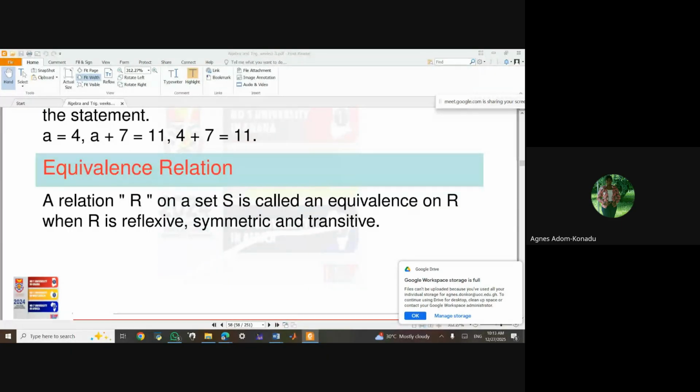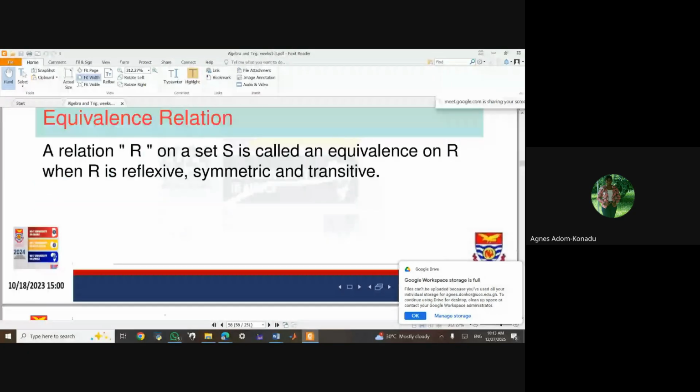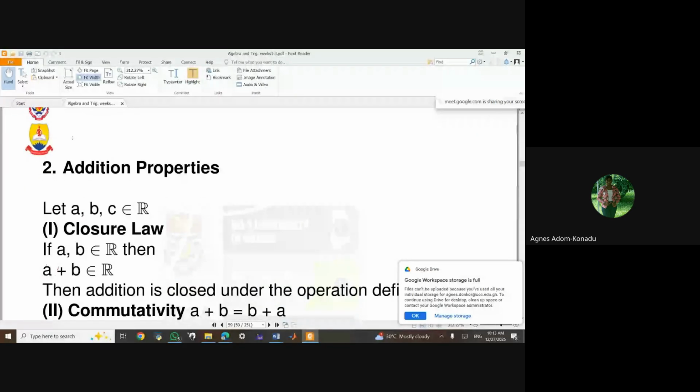You show that it obeys the symmetric property. And then lastly, you show that it obeys the transitive property. If the relation given obeys these three, then we say that it is an equivalence relation. So the three properties are up here.